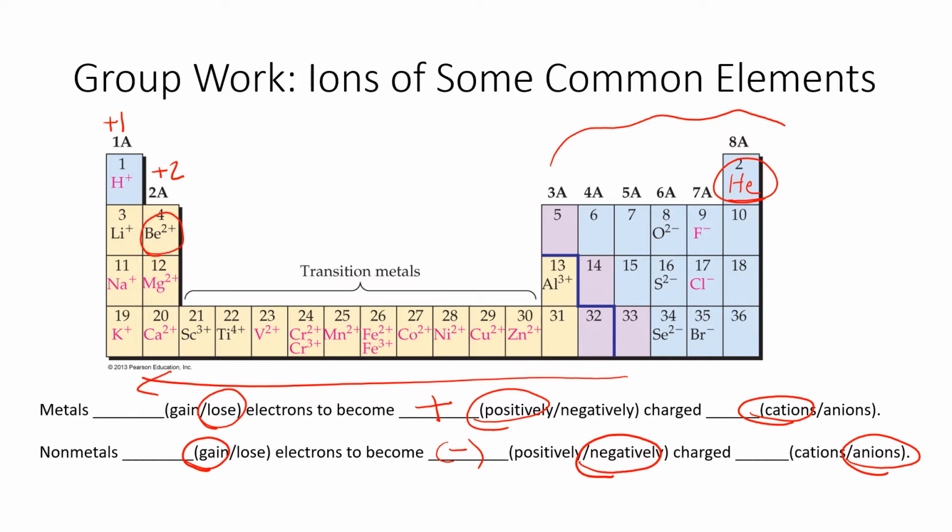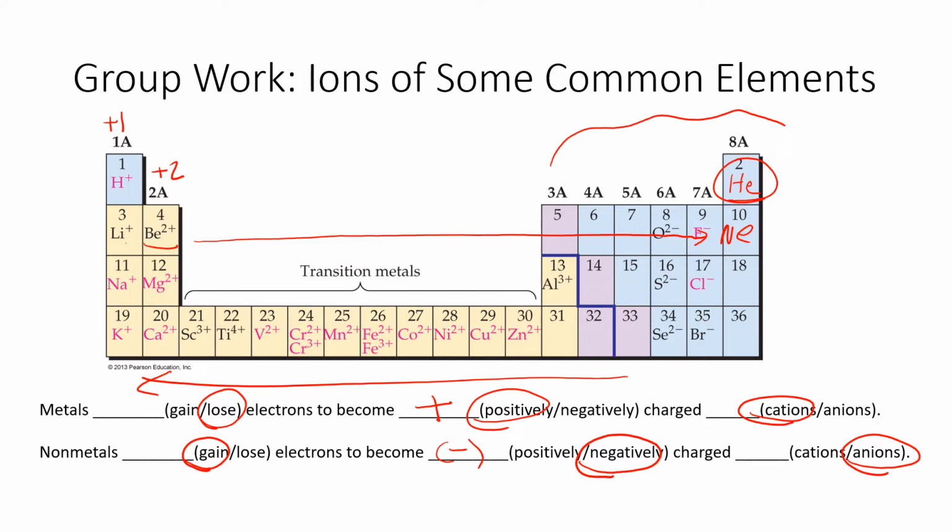Beryllium, same thing. Do you notice how group 2A elements all have a +2 charge? Reason being is, again, beryllium has 2 options. It can gain 6 electrons to look like neon, or the other option would be to lose 2 electrons from 4 to 2 to look like helium. Who's closer?